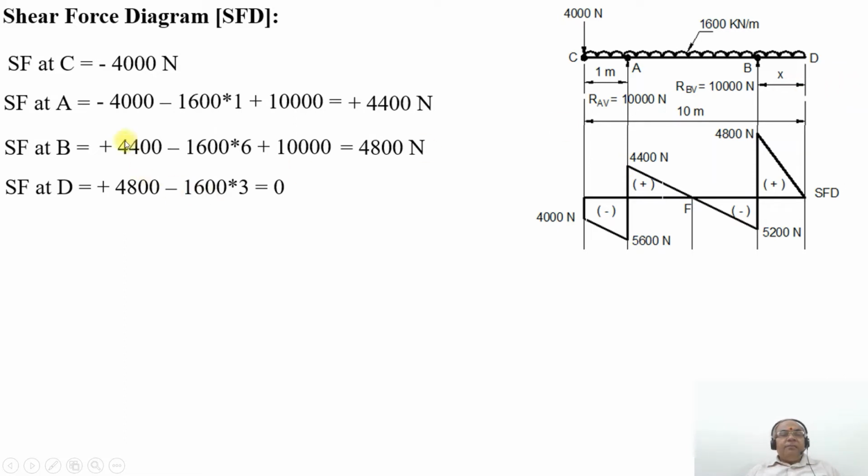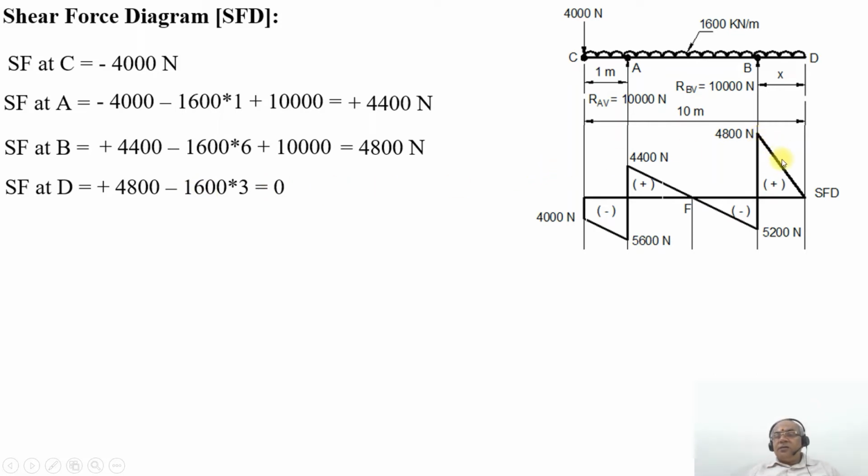Between A and B, plus 4,400 minus 1,600 into 6 comes to minus 5,200. Due to the upward load at B, which is 10,000, the SF increases from minus 5,200 to plus 4,800. Between B and D, plus 4,800 minus 1,600 into 3 is equal to 0.